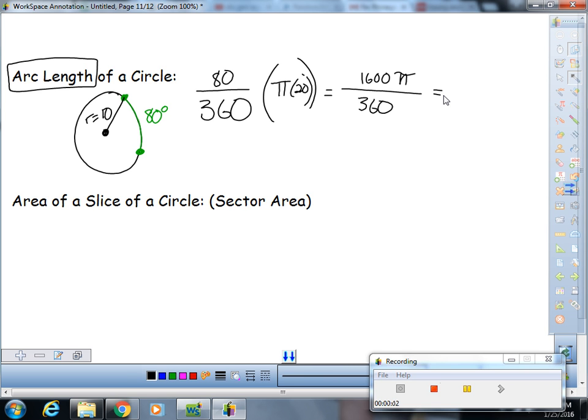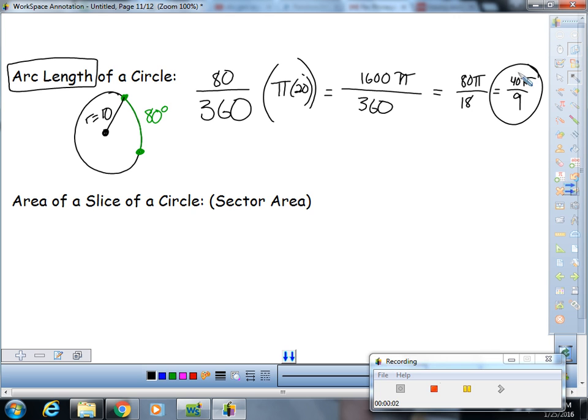Oh, geez. 80 pi over, well, here, let's get to this first. 80 pi over 18. Divide each by 9, and you get, well, it's not divisible by 9. Divide each one by 2. 40 pi over 9. That is now in a length, okay?